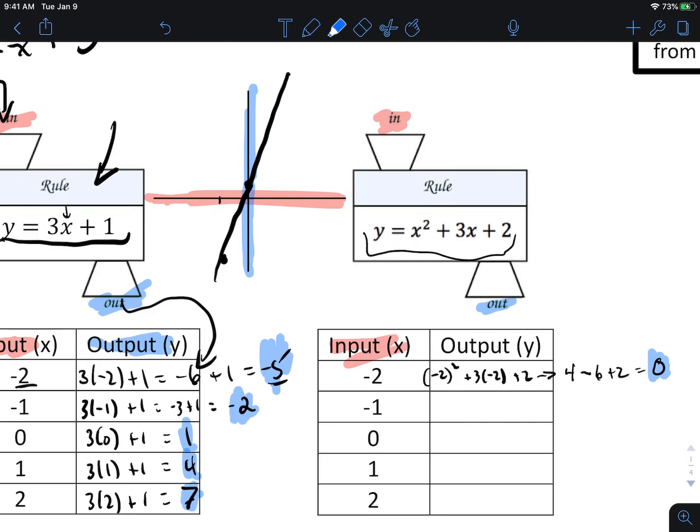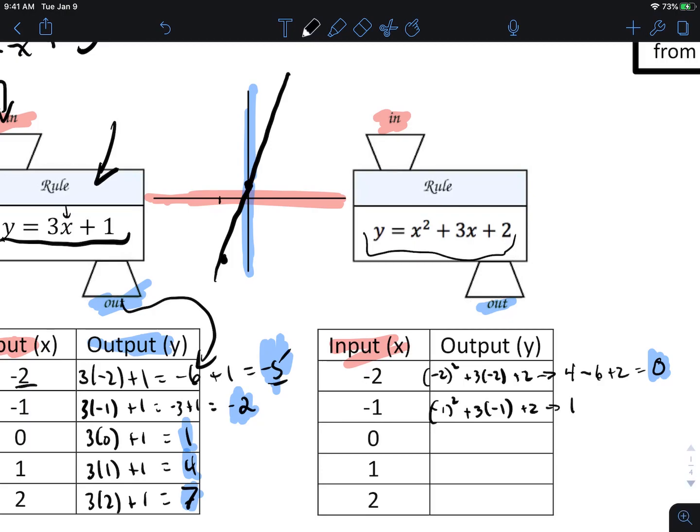Then if I wanted to graph it, I do the same thing. I go to my xy axis, with red along the x and blue along the y, and I'd plot them and get a unique point. And then I could just keep going. Negative 1 squared plus 3 times negative 1 plus 2.